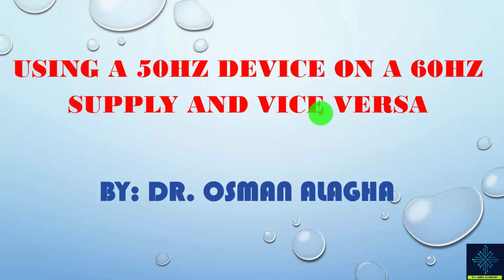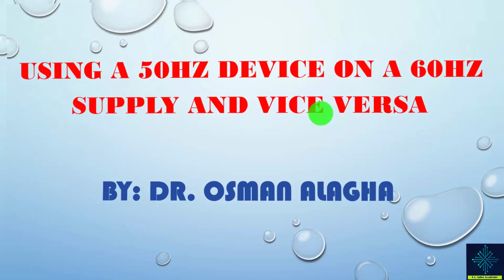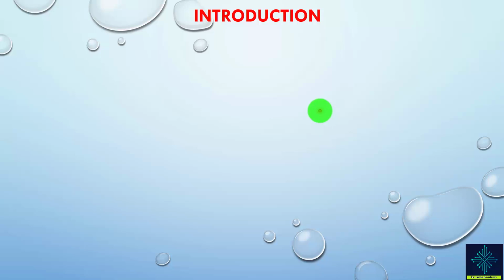And the other system is the 60 Hertz or 60 cycle per second, which is more dominant in North America and some parts of Asia and South America.